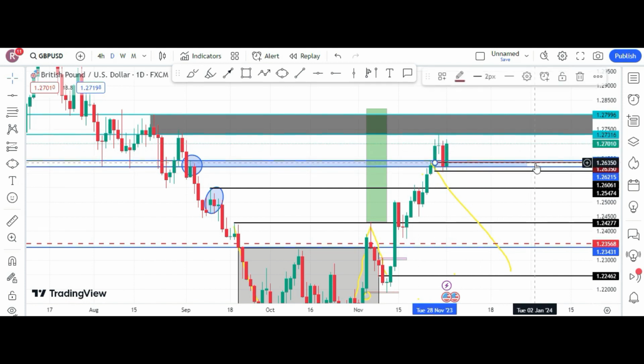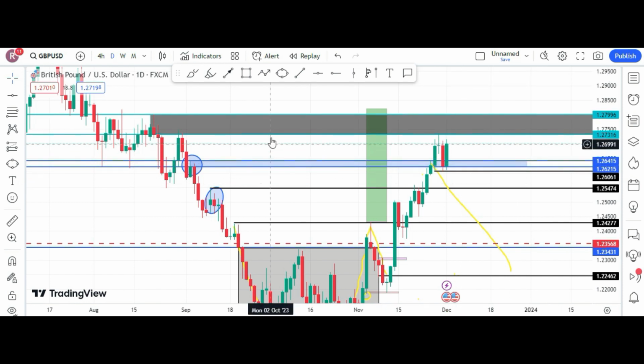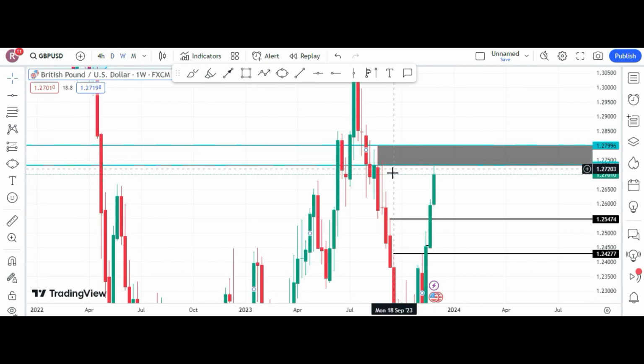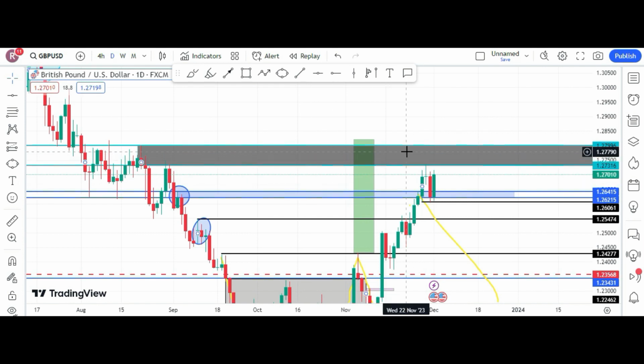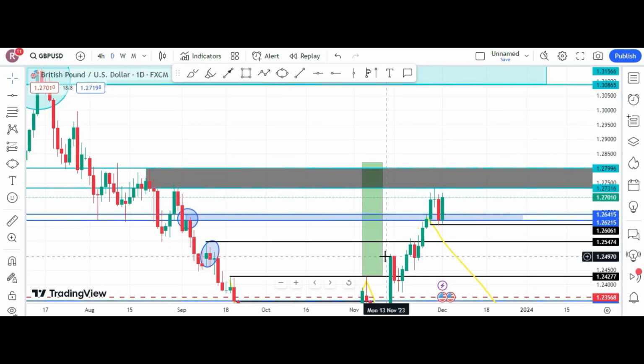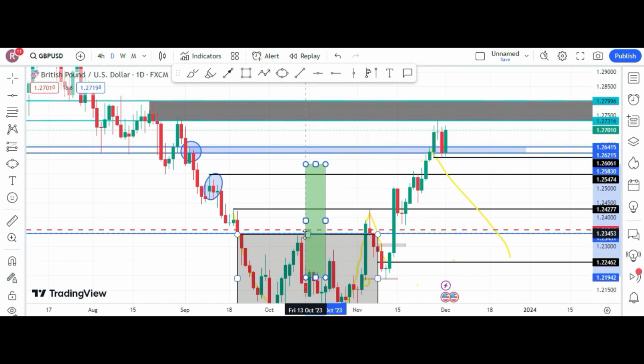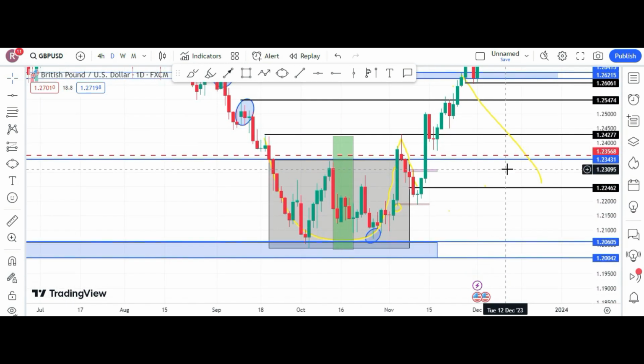The second thing I would like to show is that the price has touched the weekly double top, or weekly price zone, and we have a bullish candle here in the daily time frame also, which is the representation of the weekly one here. We also predicted that this was the cup and this was the handle, and that it will move to the same depth of the cup and handle.